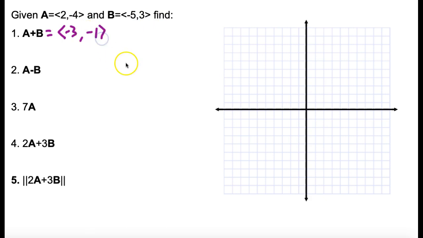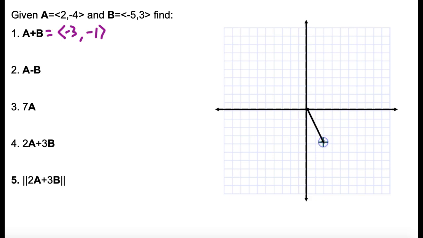Okay, so I want to talk about what this means graphically as well. So let's say that we have the vector 2, negative 4. So I'll just start from the origin. Let's say I'm going 2, negative 4. So here's what that vector would look like.